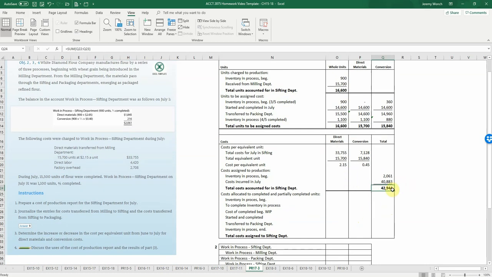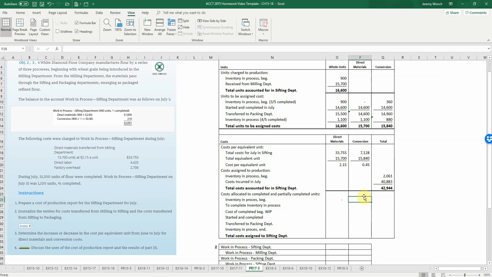Now we just have to divide those out to our partially completed units. So our inventory in process for the beginning, we don't need to assign any cost to those partially completed units for direct materials because that cost was added in the prior month. So that's going to be a 0 for direct materials.